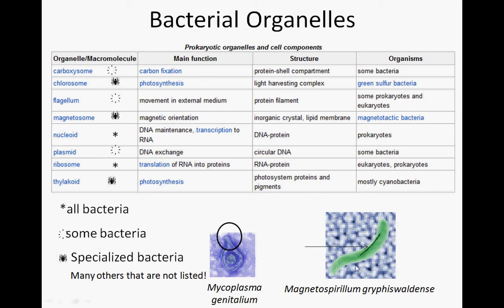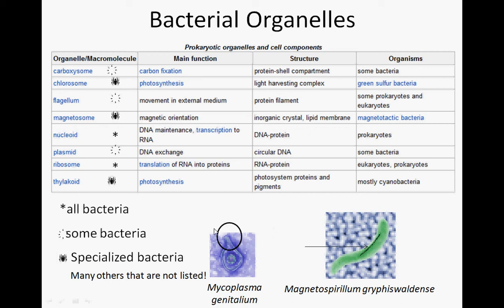And the reason they can do that is because they have these little organelles that tell them which way the magnet's going. It's pretty neat. But this is a type of organelle that's highly specialized to magnetotactic bacteria. Similarly, you have things like chlorosomes and thylakoid membranes that are unique to photosynthetic bacteria.